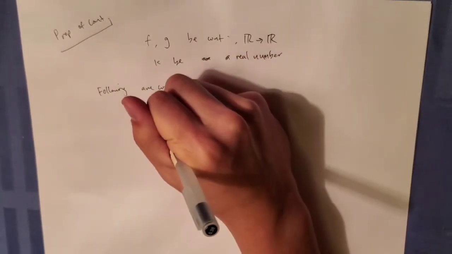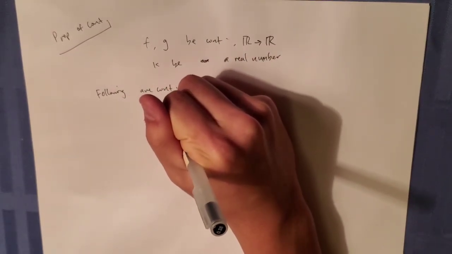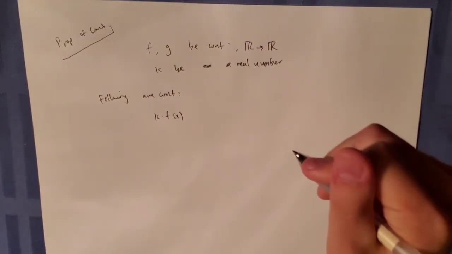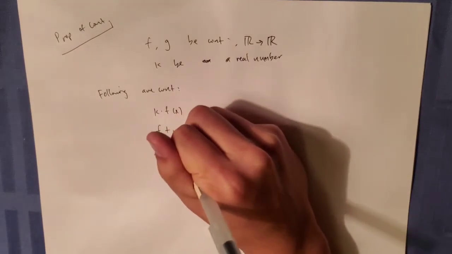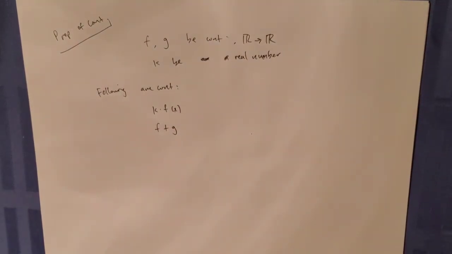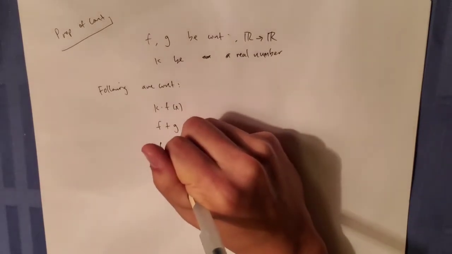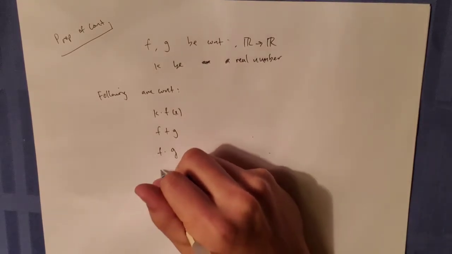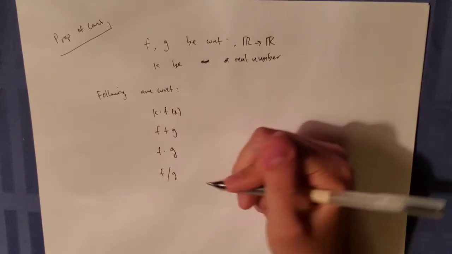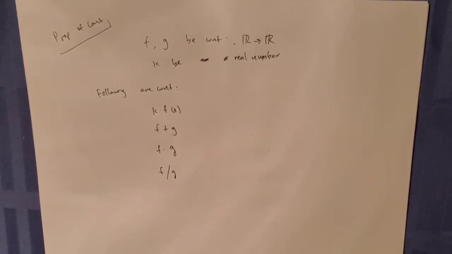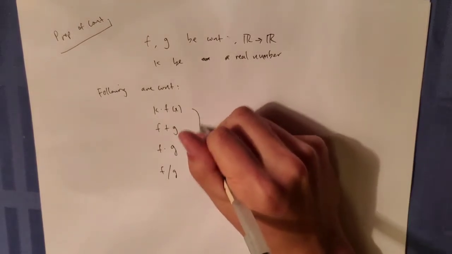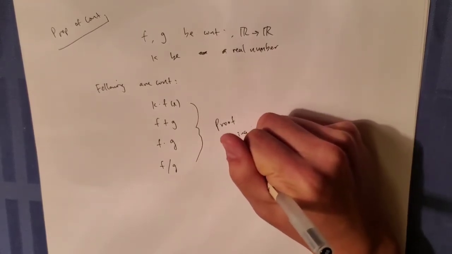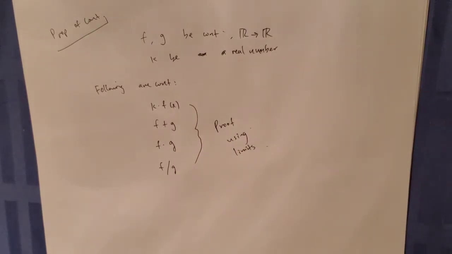We have that k times f of x will be continuous. These are just multiplying it by a real number. We say that f plus g is continuous. f times g is continuous. And lastly, f divided by g is continuous. You can prove all of these using limits, but we will not be proving them in this video to keep it short.